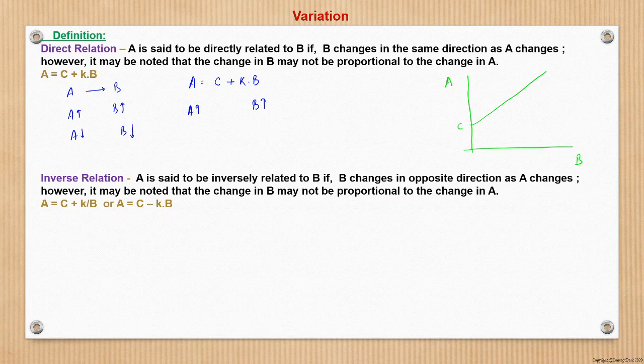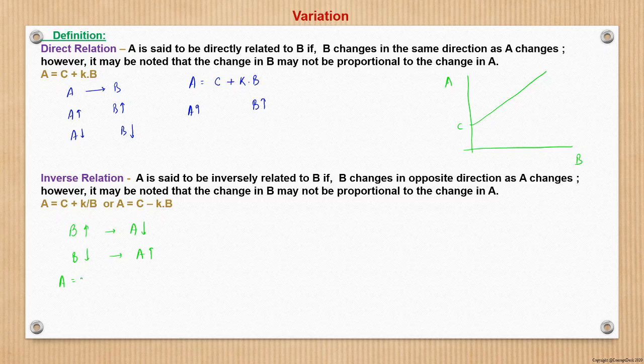Similarly, inverse relation: A is said to be inversely related to B if B changes in the opposite direction to A. That is, if B increases, A decreases, and if B decreases, A increases. However, the quantum of change or the proportion will not be the same. So we can write two forms.